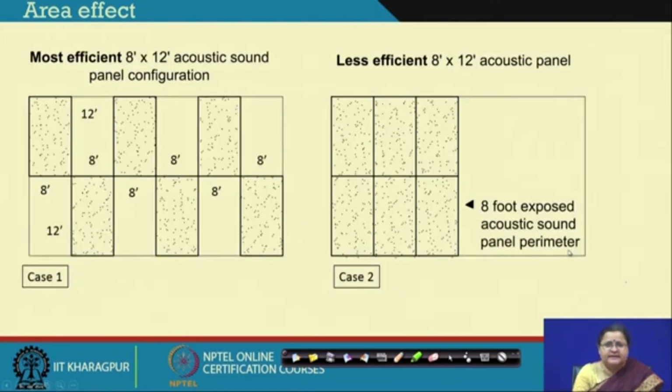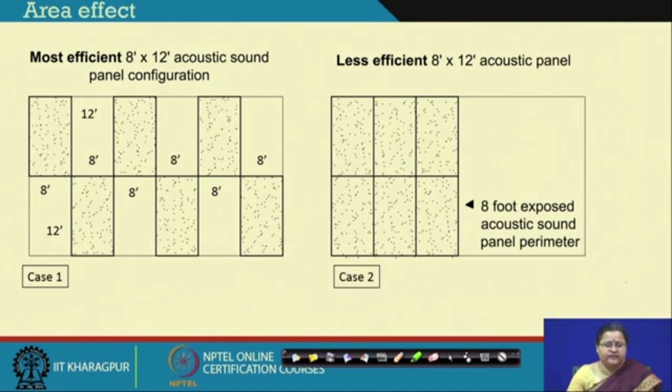Let us see a ceiling with 8 feet by 12 feet boards, where 50% of the ceiling has to be covered, which you see in case 2. So, 6 such boards of 8 feet by 12 feet of absorptive material are taken.